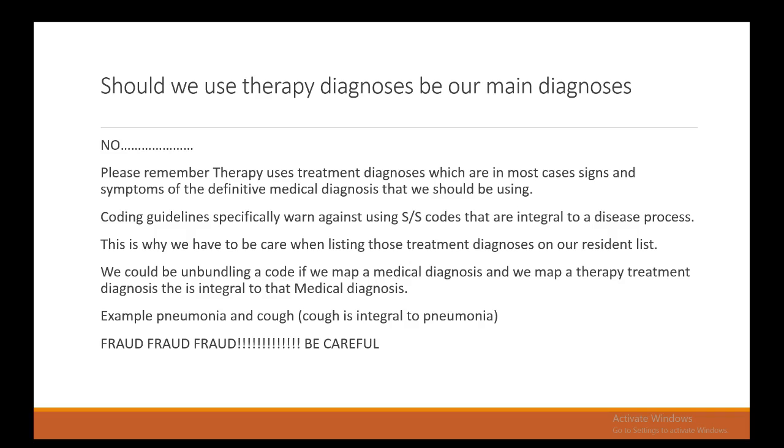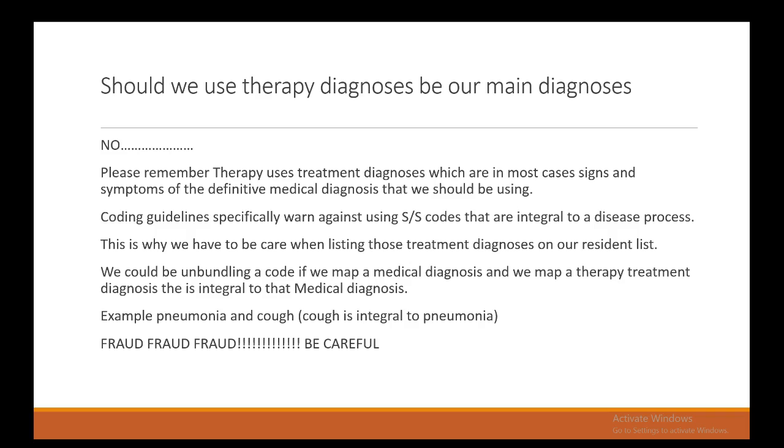The coding guidelines specifically warn against using signs and symptoms that are integral to a disease process. This is why we have to be so careful when we are listing those treatment diagnoses on our resident list, because we could be doing what is called unbundling a code.